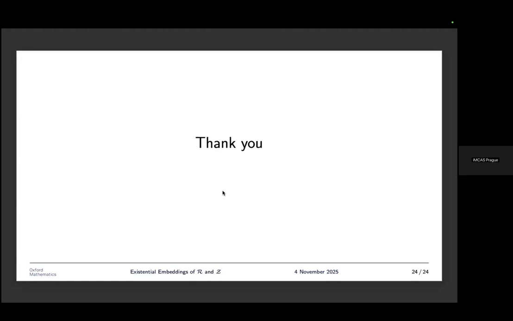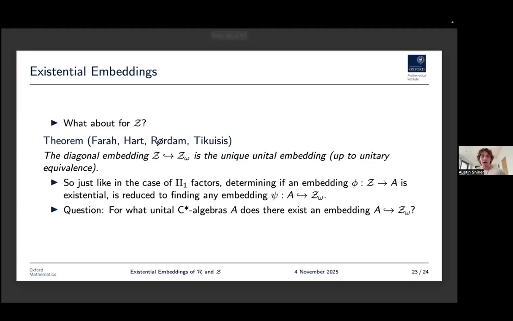Can one also look at such things for other strongly self-absorbing C-star algebras? Yeah, I believe the theorem of Farah, Rørdam, and Tikuisis is that if you have any strongly self-absorbing algebra, the diagonal embedding is unique. So again, it reduces to the question of finding embeddings of your algebra into the ultrapower.